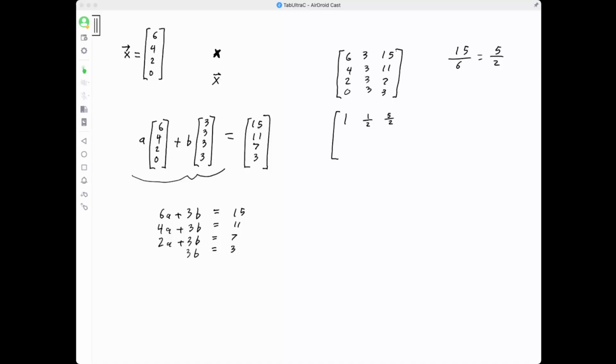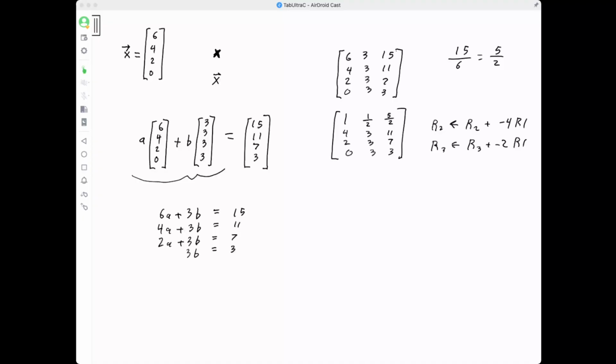In the second row, I'm leaving that alone. And then I'm going to add to row 2 the quantity row 2 plus -4 times row 1. And to row 3, I'm going to add row 3 plus -2 times row 1.